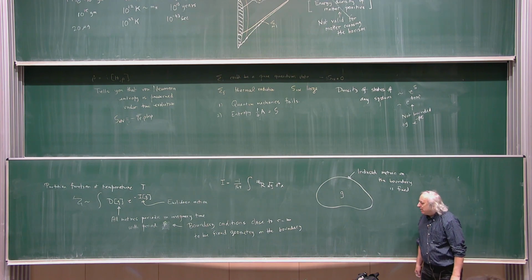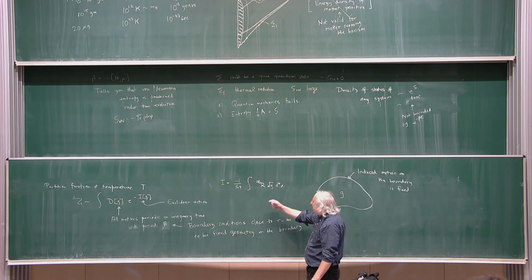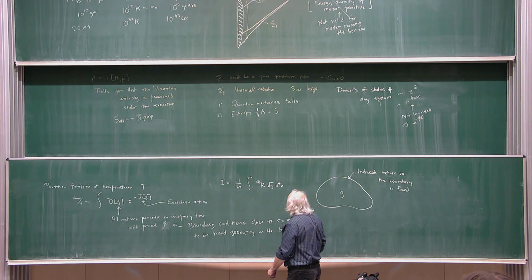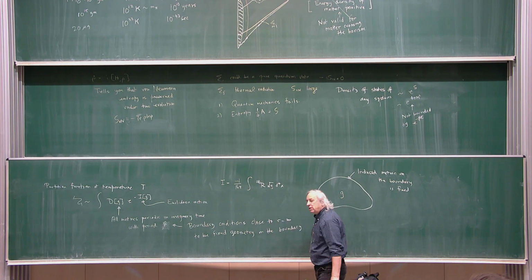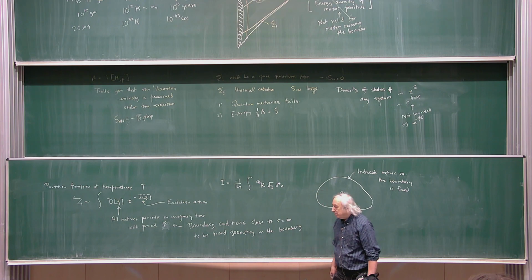Now you can see that there's going to be trouble, because if I vary this, then of course the bulk term is just going to give me the Einstein equations, R_AB equals 0.